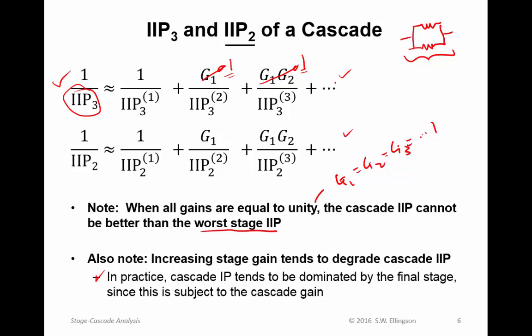So for example, here again, we see that each subsequent stage, the intercept point is degraded by the gain of the cascade of all the stages that precede that stage. So that tends to make the last stage in a cascade more important than the other stages when the gains are not all equal.